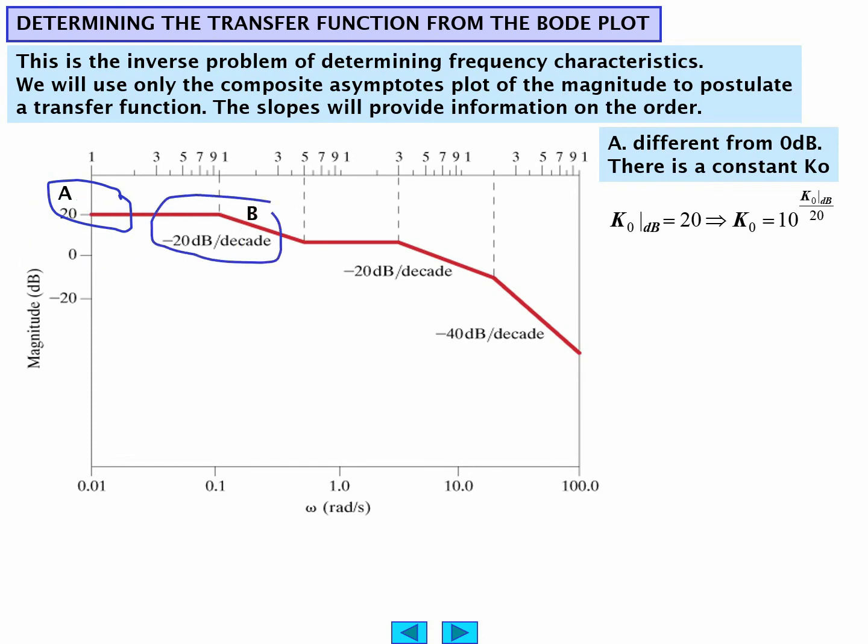Next, 20 dB per decade drop. That means there's a pole, because with a pole, as the frequency goes up, the gain goes down. So it's a simple pole, and it's at an angular frequency of 1/10, which can be written like this.